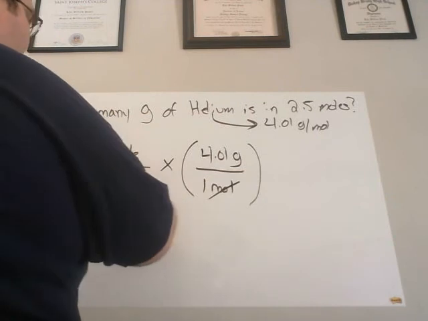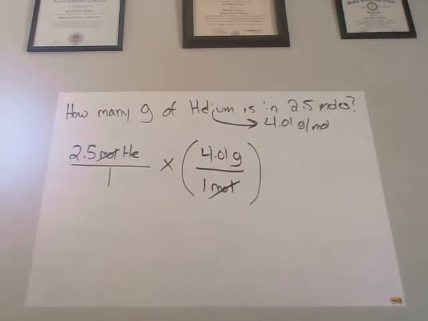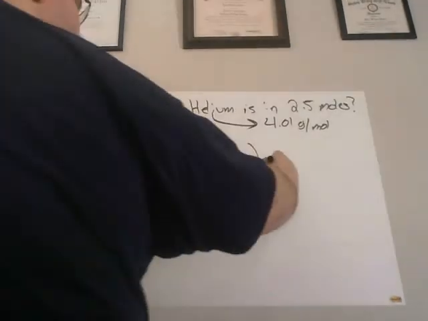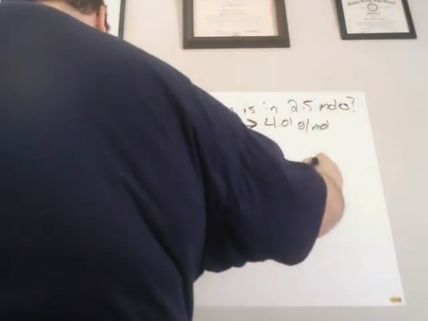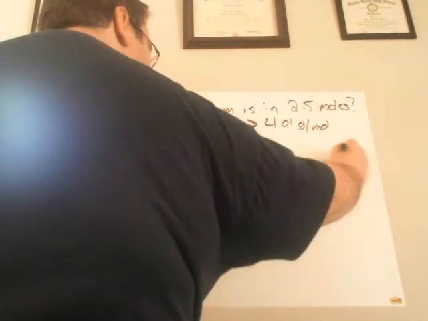Then my moles cancel and I'm left with grams of helium, which is what I want. So to figure out how many grams of helium 2.5 moles is, we do 2.5 times 4.01, and we get 10.02 grams of helium.